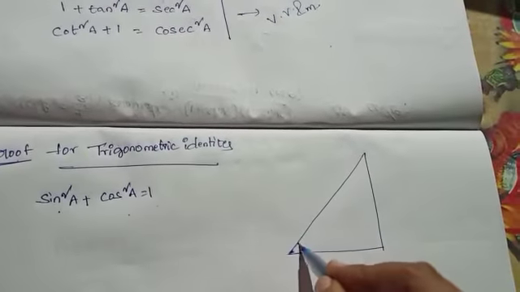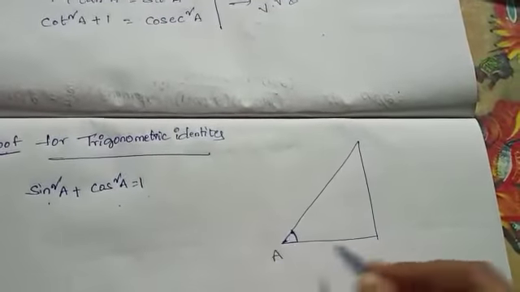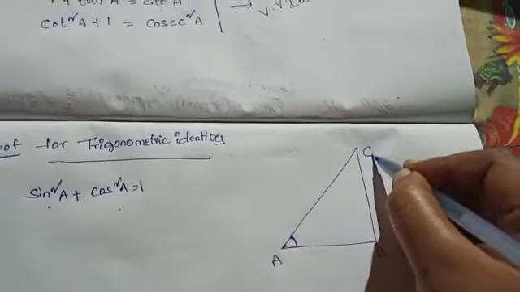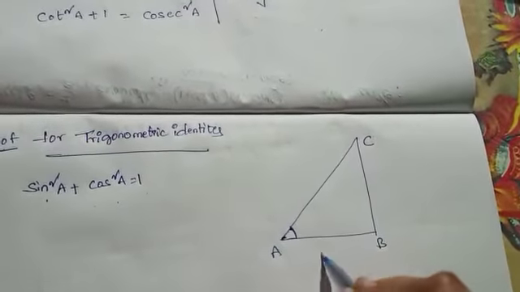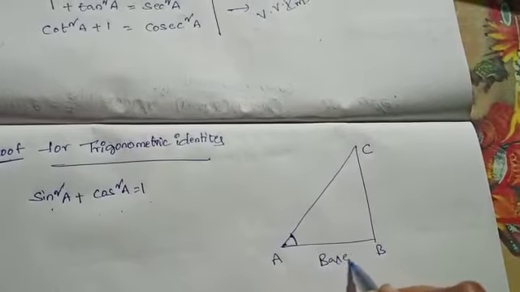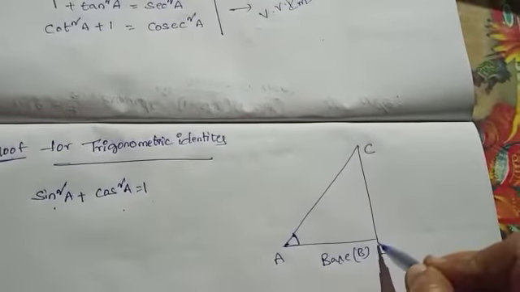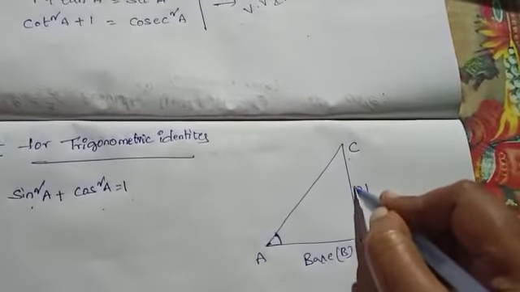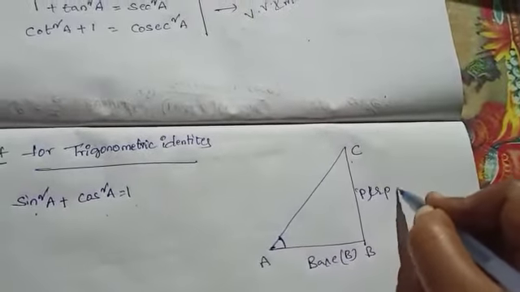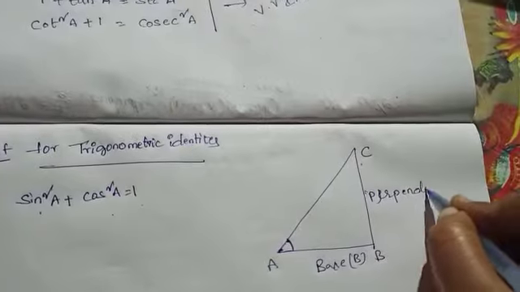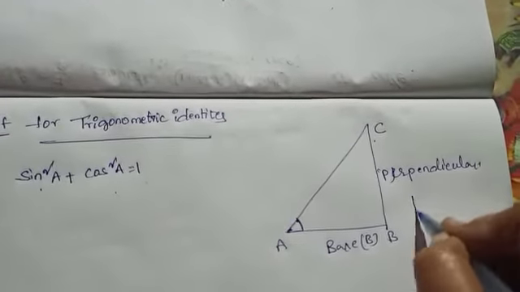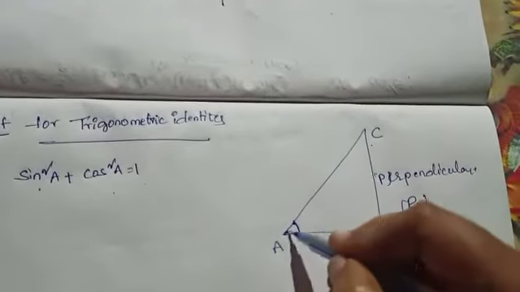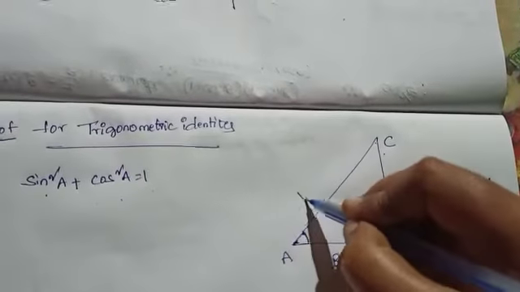Here A is an acute angle, ABC is a right angle triangle, AB is the base B, and BC is the perpendicular P. AC is the hypotenuse H.